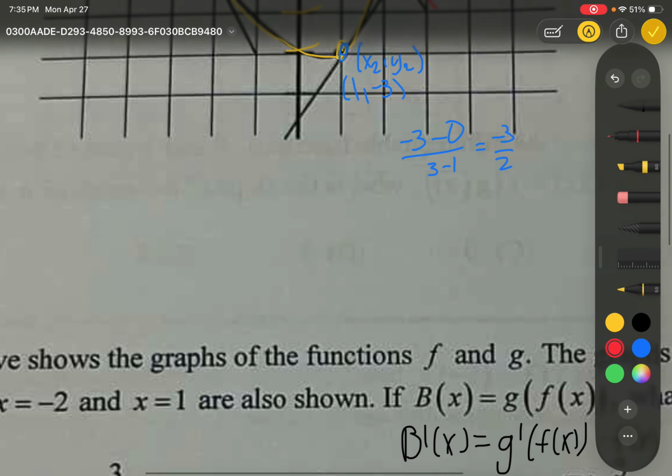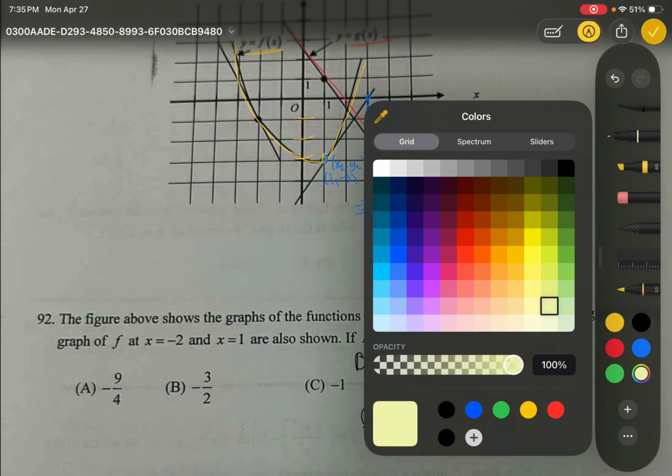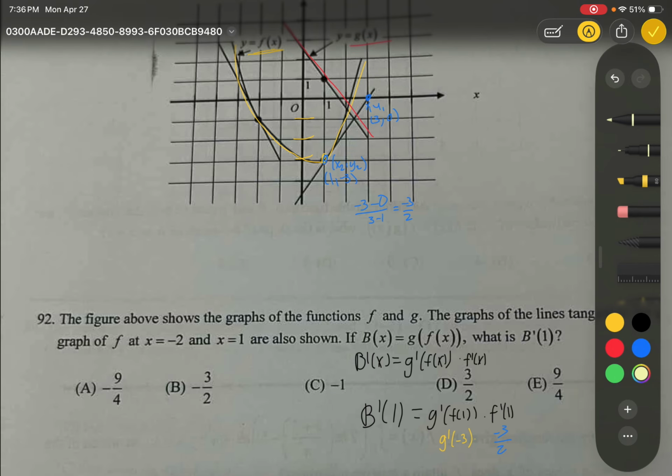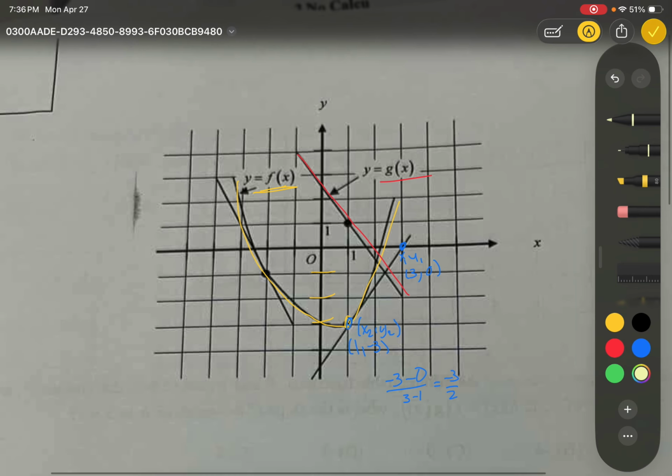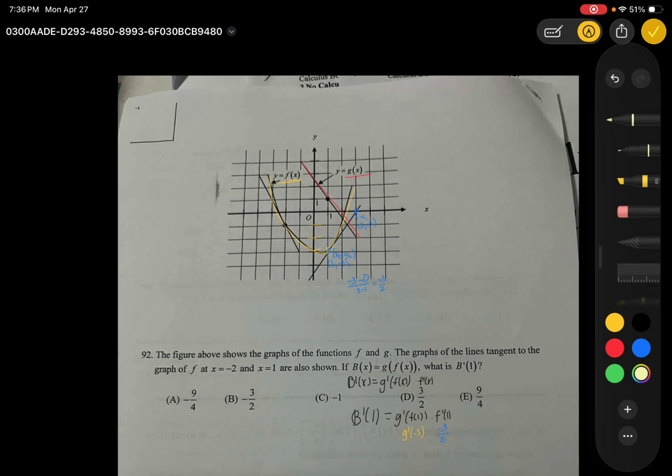Now let's find g prime of negative 3. Let me change my color to this pastel yellow.